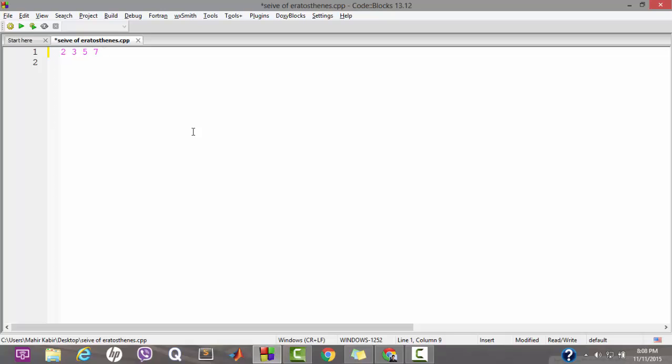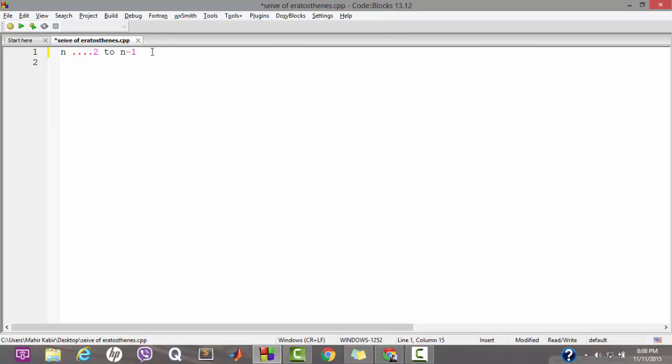So how do we detect if a number is prime or not? Well, a naive way is to check every number from 2 to the number minus 1. If you're checking whether a number n is prime, we can run a loop from 2 to n-1 and check if any number from 2 to n-1 divides n.